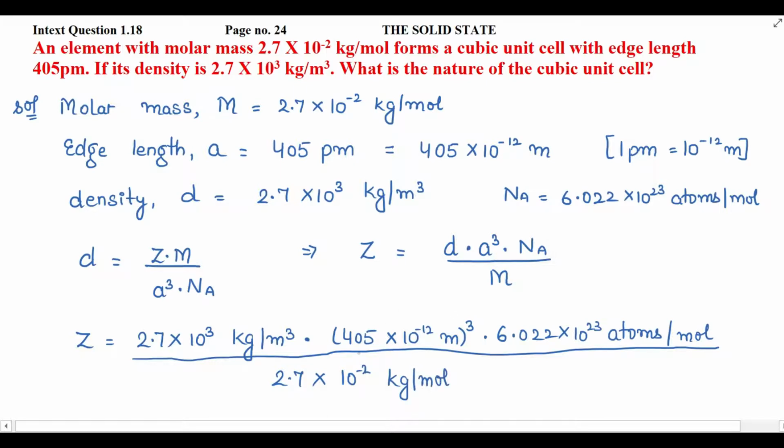First of all, we'll solve the cube of 405 × 10^-12.